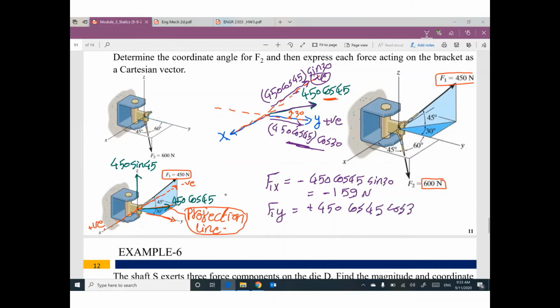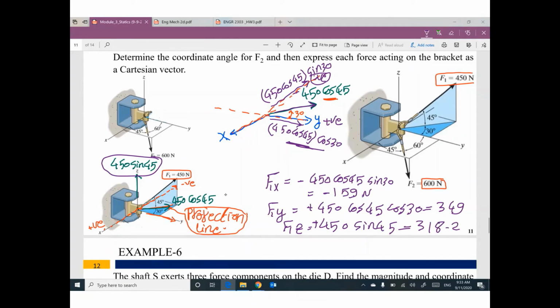So 450 times cosine 45 times cosine 30, your final answer will be 349. The Z component of this force will be the first value here, 450 sine 45 degree, positive. So we have 450 times sine 45 degree will be 318.2.